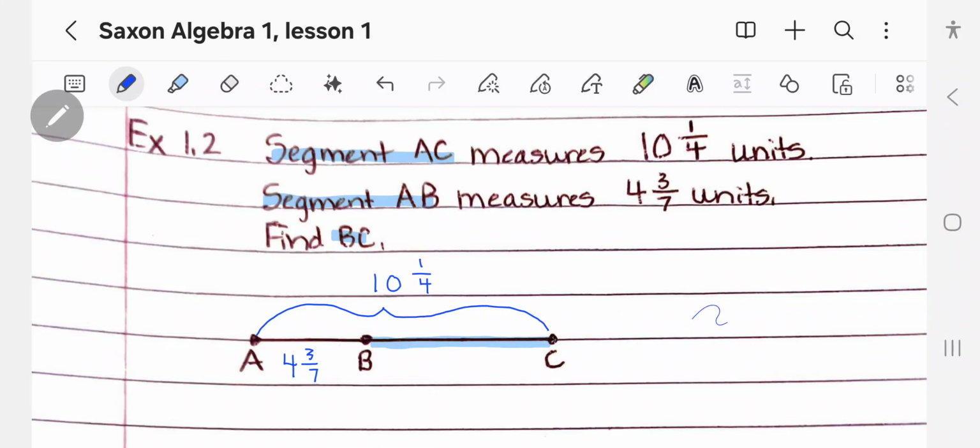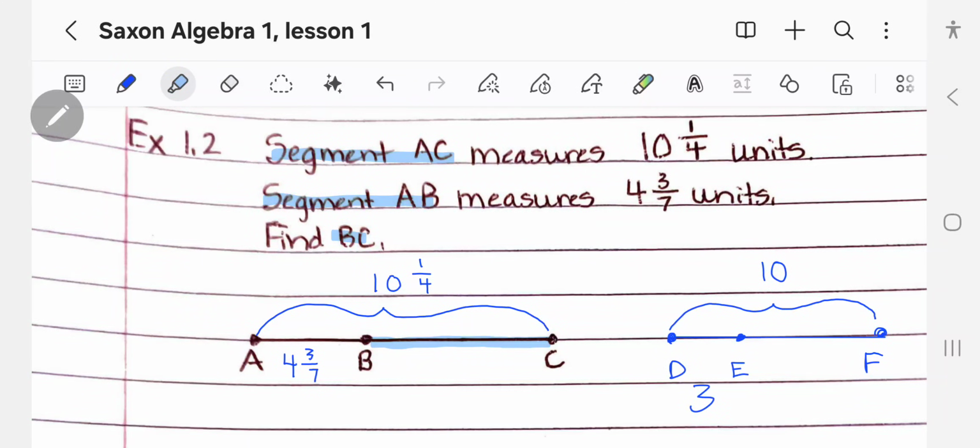Now, sometimes in math, it helps to make something a little simpler. So let's say I had a simpler problem. Maybe I'll use different letters: D, E, and F. Let's say they told us that DF was 10. We'll get rid of the fractions because that's the part where most people get frustrated. And let's say that DE is 3.